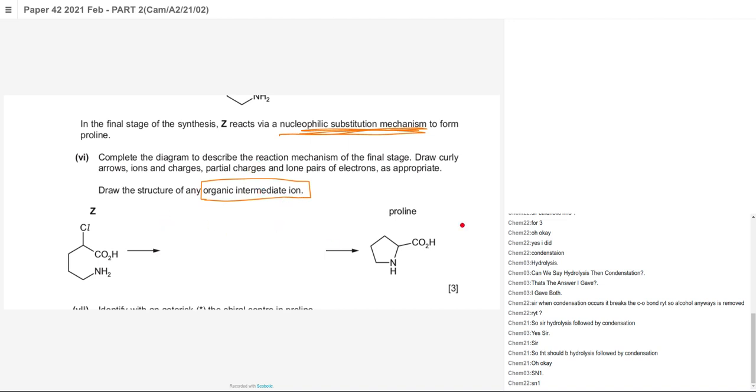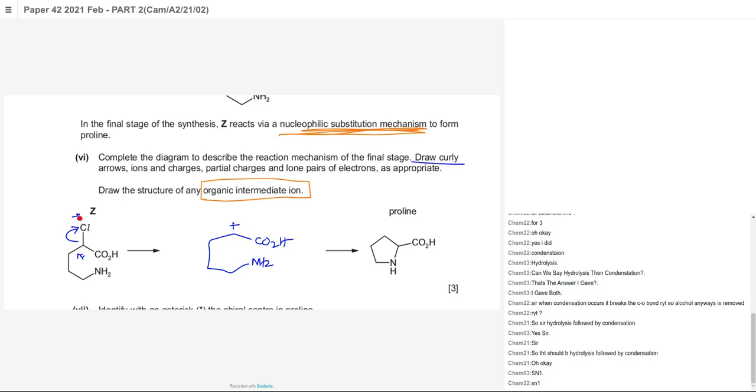That means this is delta plus, delta minus. You break the carbon-chlorine bond heterolytically. NH2, CO2H, positive charge. This is the intermediate. It says draw curly arrows.